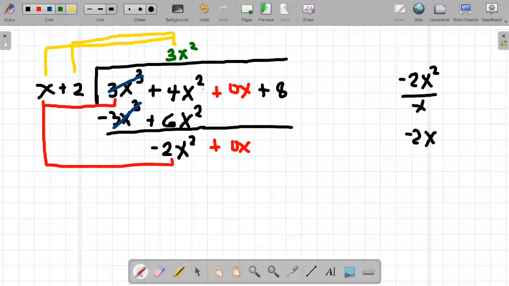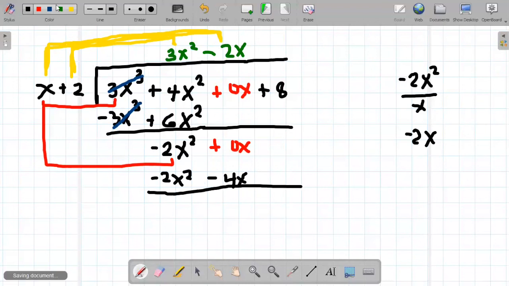Therefore, our answer is negative 2x. Then we proceed with multiplication. Negative 2x times x is negative 2x squared. Then here you have negative 2x times positive 2. So negative 2 times positive 2 is negative 4x.